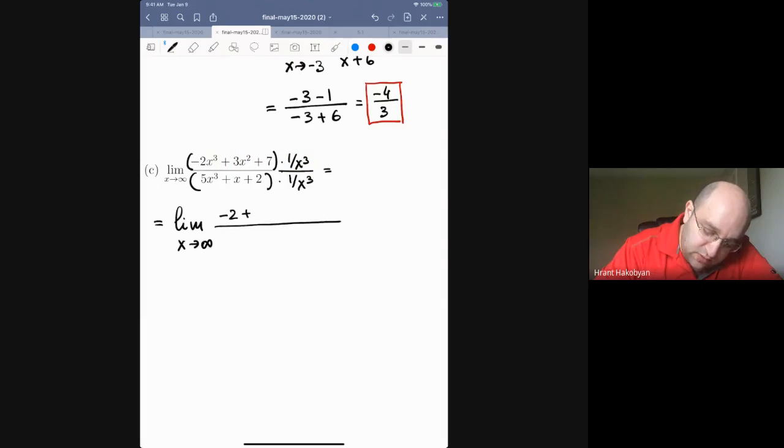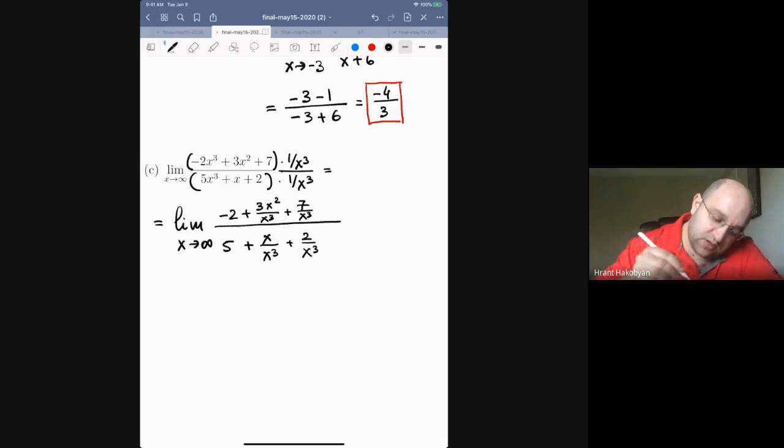Let's write that down. 3x squared over x to the third. And then plus 7 divided by x to the third. And then the same thing in the denominator. I have 5 times x to the third over x to the third. So those cancel. Plus x over x to the third plus 2 over x to the third.